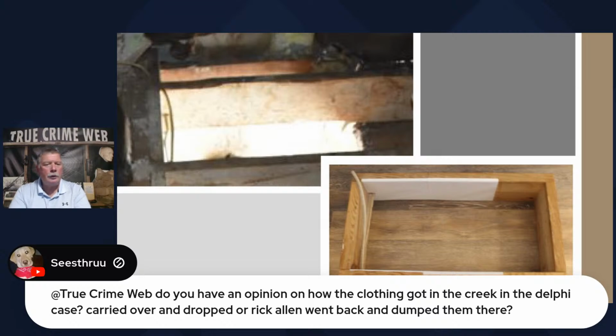True Crime Web, do you have an opinion on how the clothing got in the creek in the Delphi case, carried over and dropped, or Rick Allen went back and dumped them there? There's a couple different options. While we do know, or I assume from what law enforcement has said, that their deaths occurred where they were found, could other parts of an assault have occurred on the other side of the creek and they escaped carrying clothing? Possible. Don't know. Law enforcement would know more.